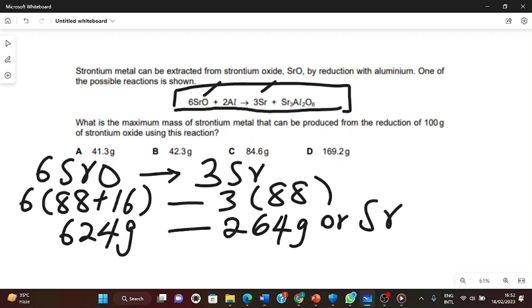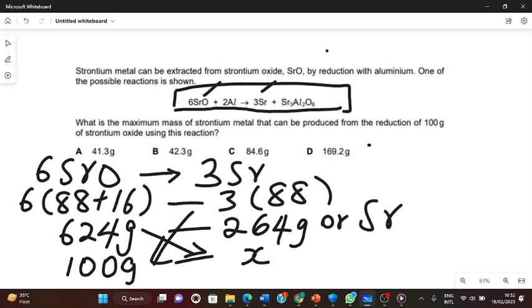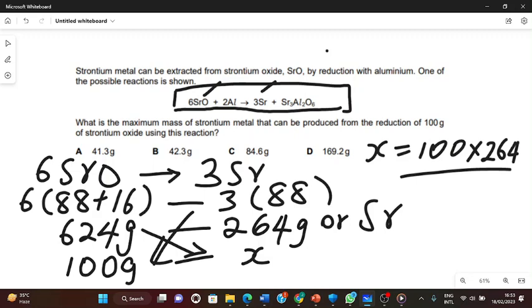Then I ask, what is the maximum mass of strontium metal that can be produced from 100 grams of strontium oxide? What you do is simple proportion. If 624 grams of strontium oxide reacts to give you 264 grams of strontium, then 100 grams of strontium oxide will react to give you what mass of strontium? You cross multiply. You now have x equal to 100 multiplied by 264 grams divided by 624 grams.